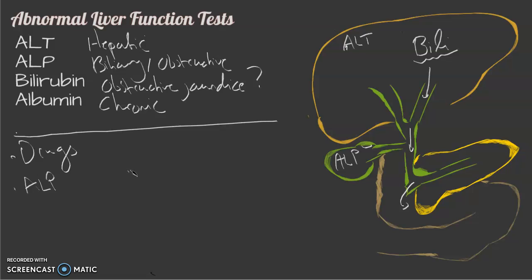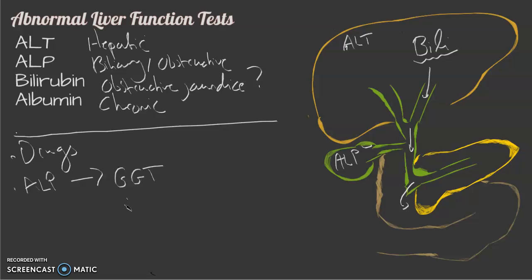So raised ALP could be related to other conditions of the body, but a good way to differentiate whether it's to do with the liver or some other area of the body is to do something called a GGT. If GGT is raised, then it suggests there's a liver issue going on rather than something else.